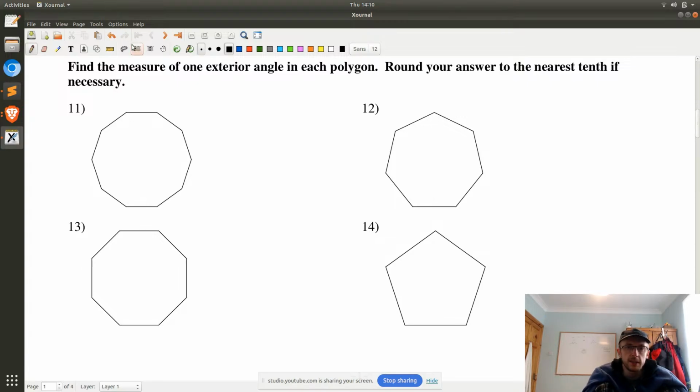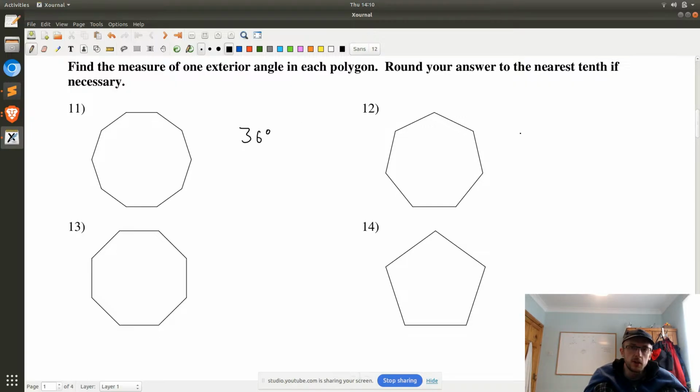Find the measure of one exterior angle in each polygon. Round your answer to the nearest tenth if necessary. So this is a regular decagon, and therefore we just need to divide 360 by 10, and so we get 36 degrees.